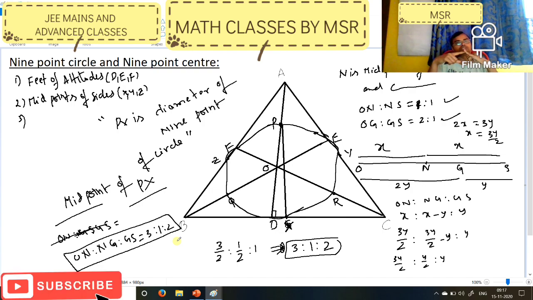Then we discussed the 9-point center is the midpoint of the orthocenter and circumcenter, and the 9-point circle radius is half of the circumradius. Next we discussed ON is to NG is to GS is 3:1:2.